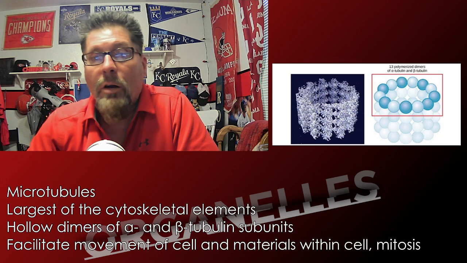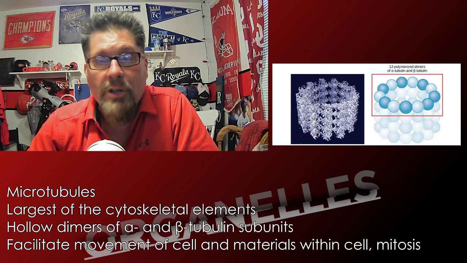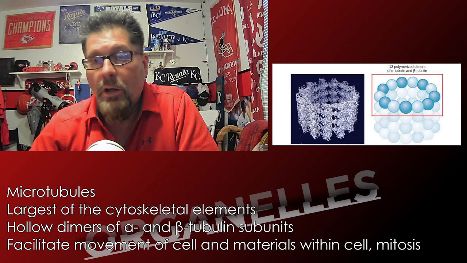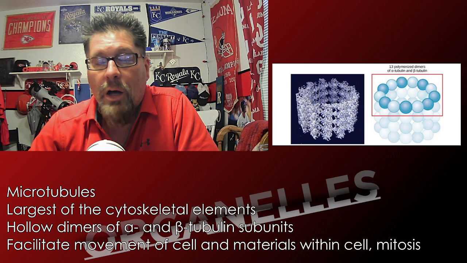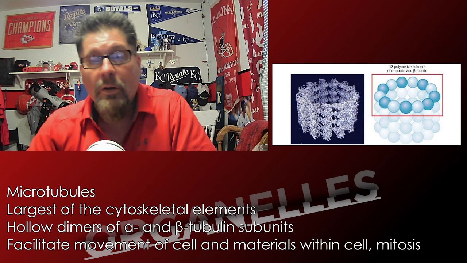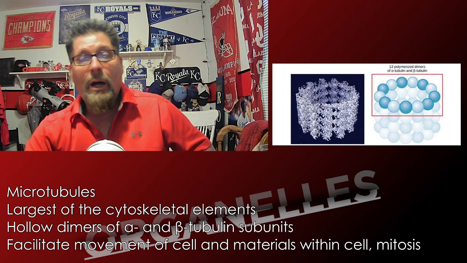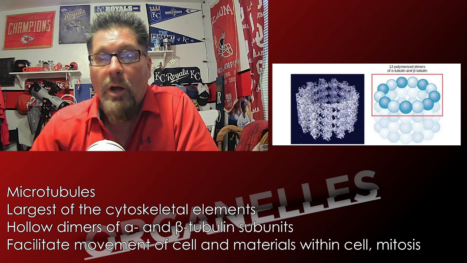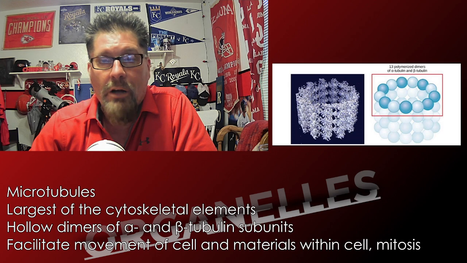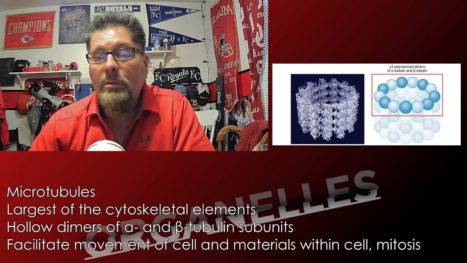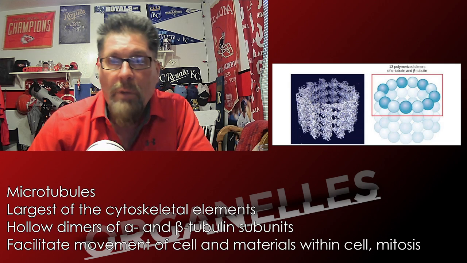Okay, our third member of the cytoskeleton is the microtubules. And the microtubules, you may be familiar with. They're the tubules that I mentioned previously in a video, the ones that attach themselves to a chromosome during cell division, mitosis.